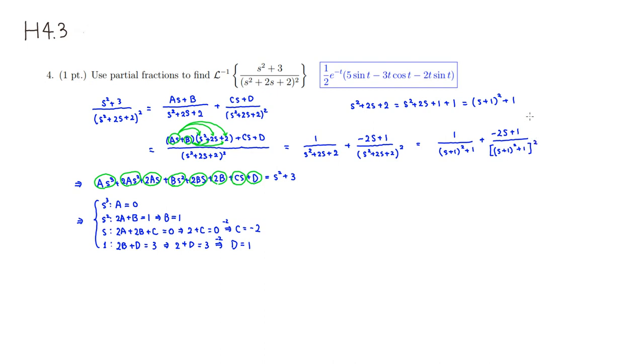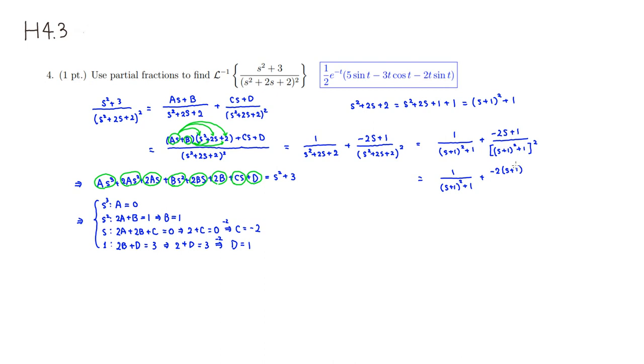One more thing I'm going to do is make sure that we see the translation there. The first term looks nice, so I'll keep it as it is: 1 over (s plus 1) squared plus 1. For the second term, I'm going to write it as -2(s plus 1).